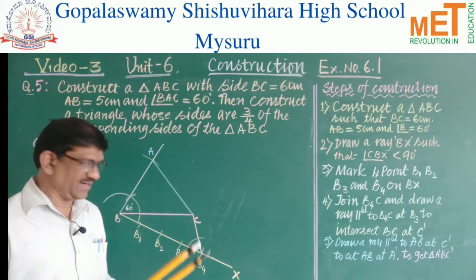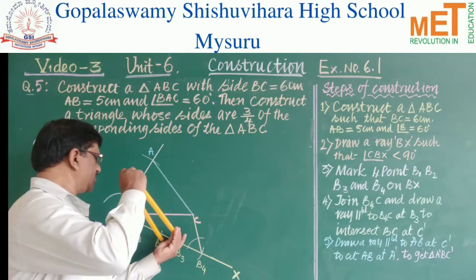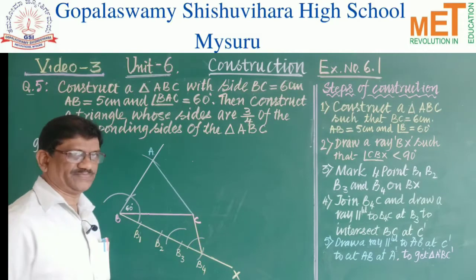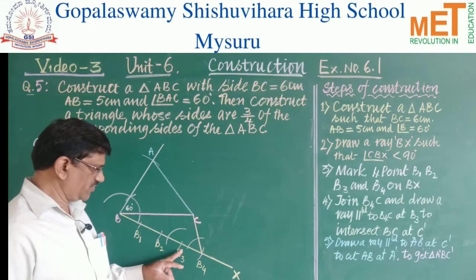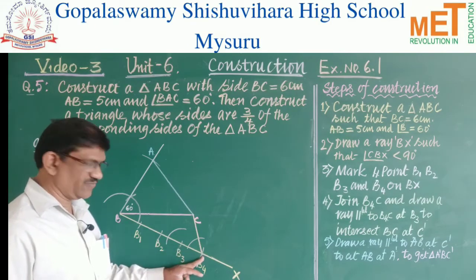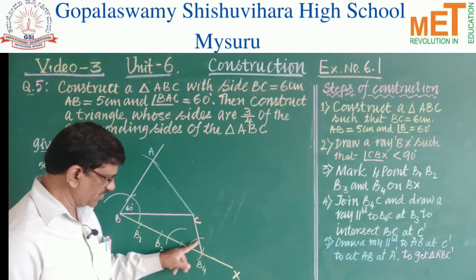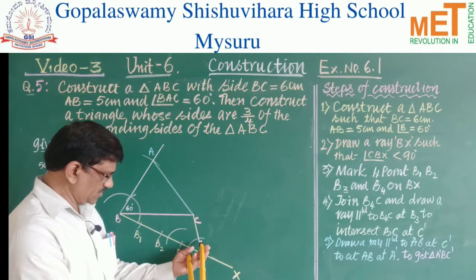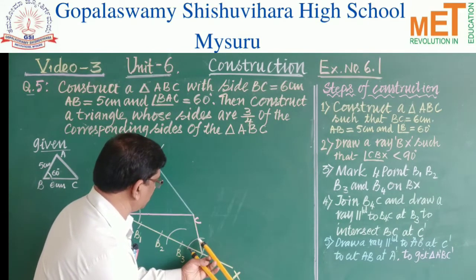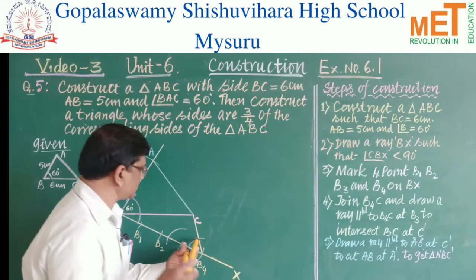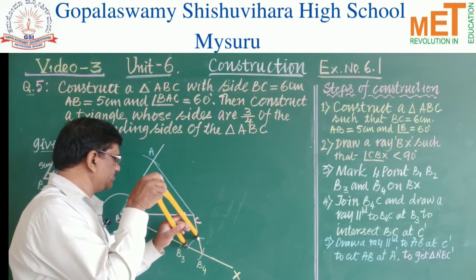Without altering the radius, now with B3 as center, draw an arc. So we have drawn the arc with B4 as center and B3 as center. Now, you measure the distance between this point and this point here.